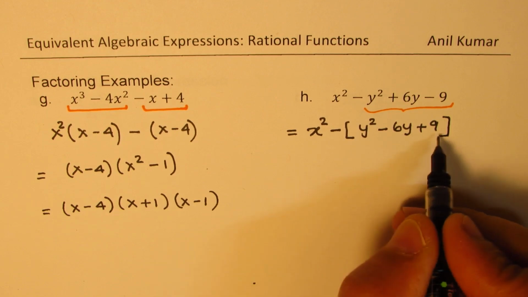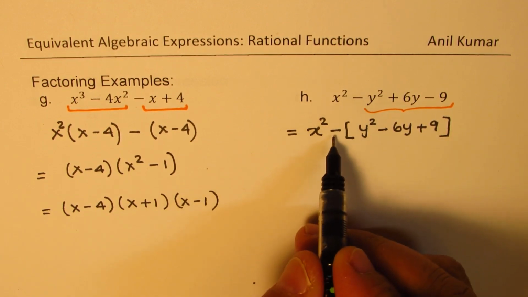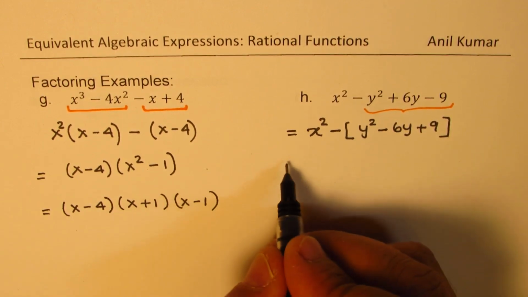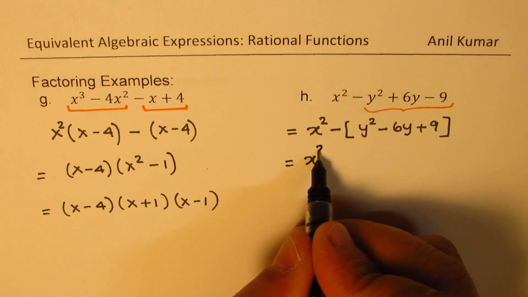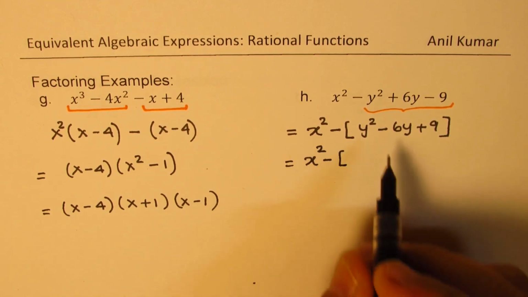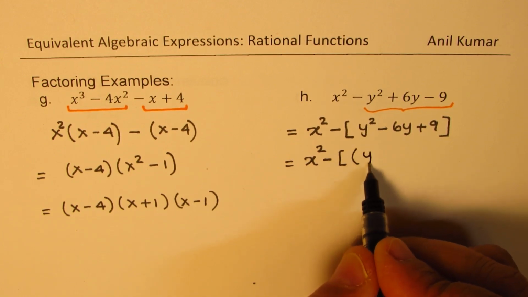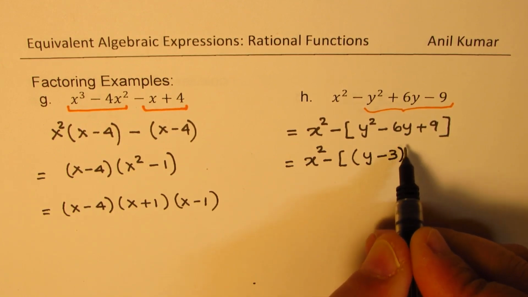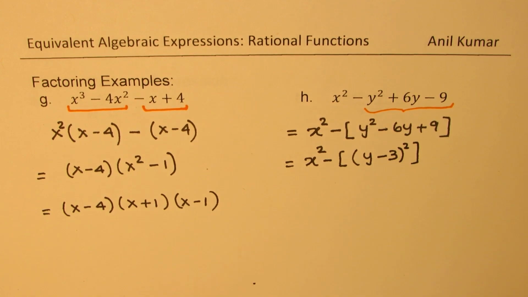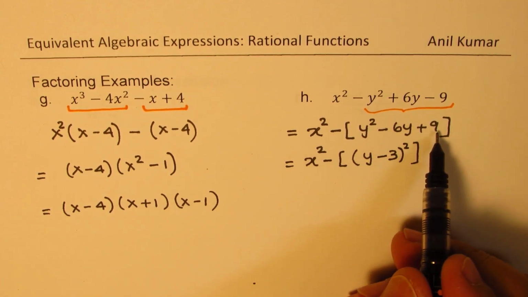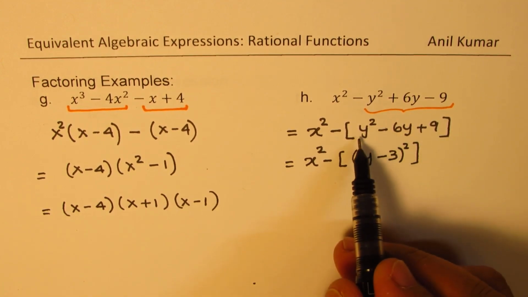I changed all the signs since I've taken minus outside. So what we get here is x squared minus, and that is a perfect square, so we write y minus 3 whole squared. This is 3 squared, this is 2 times 3, and this is y squared.